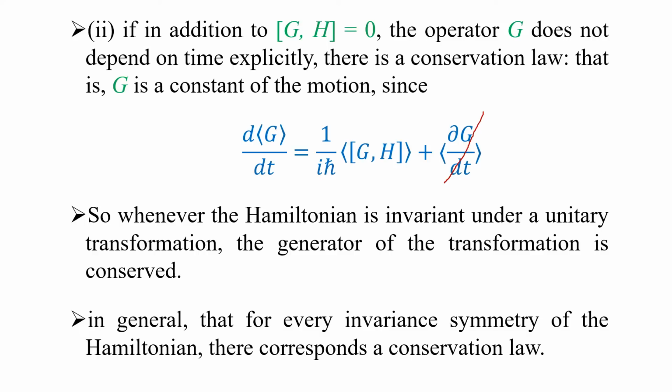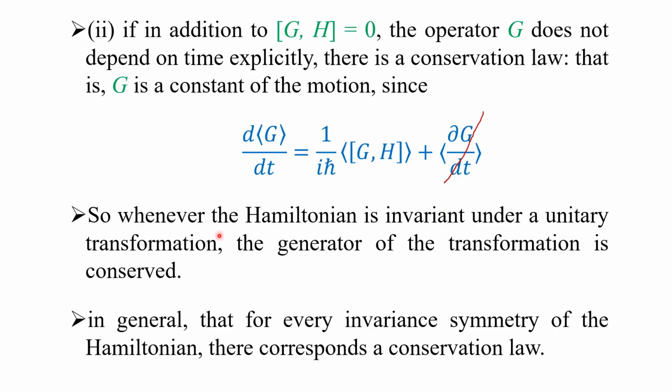So the time derivative of the expectation value of G will become zero. That means this G is a constant. Only if you differentiate a constant, then you will get zero. So G is constant in motion because of this Heisenberg relation.